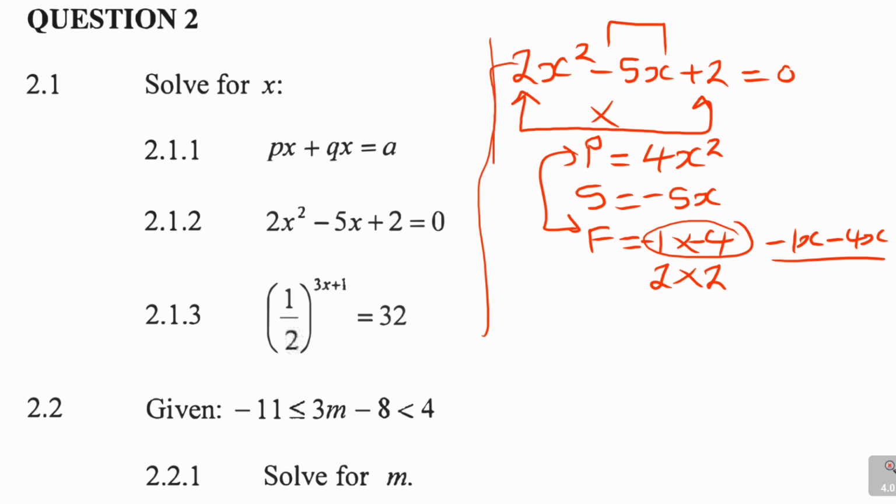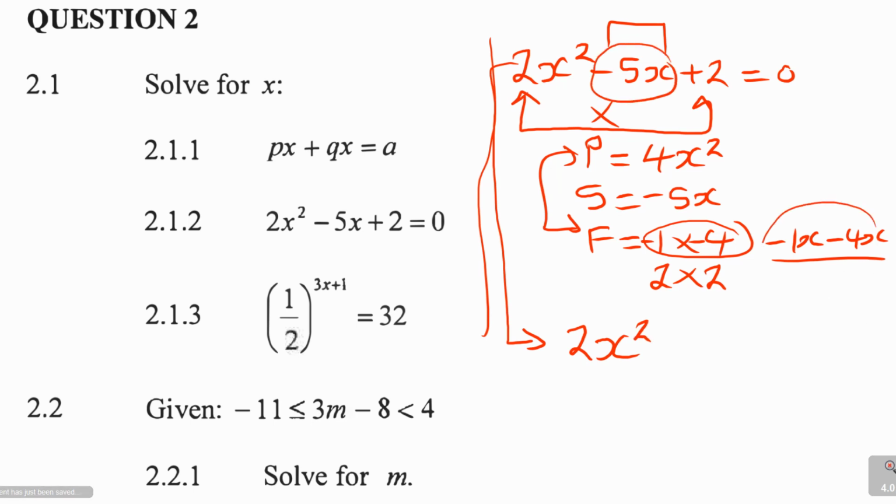So I'm going to take this guy and write it further here as now 2x squared. Now where there was minus 5x, I'll write these factors, which is minus 1x minus 4x. Remember, this was my minus 5x. And then plus 2.